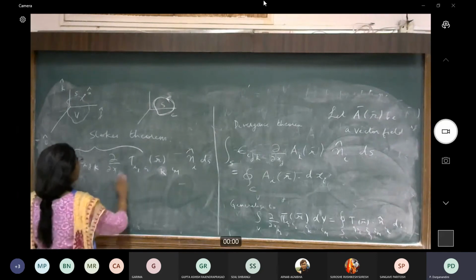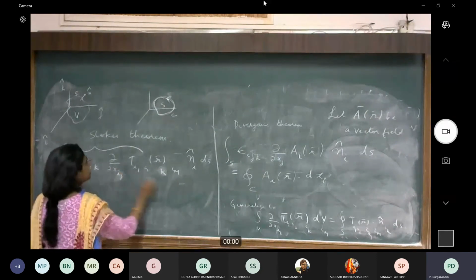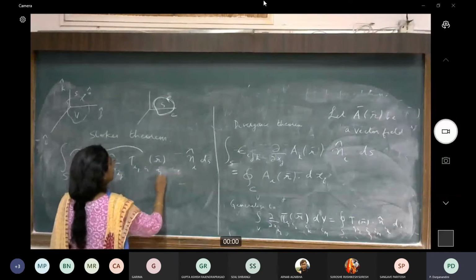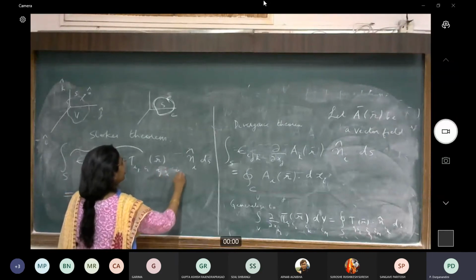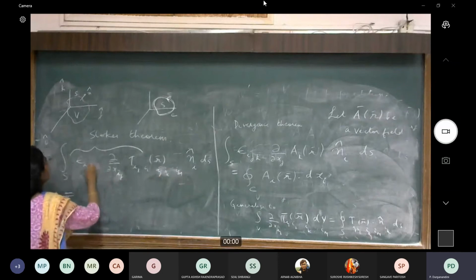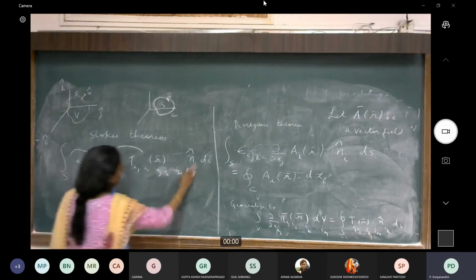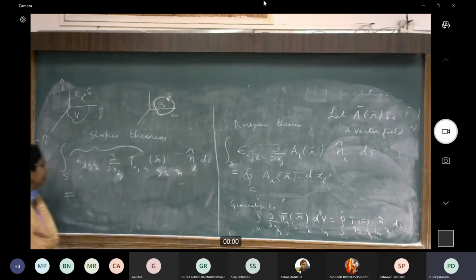Let me use it, because you will find it easier like this. Don't get confused by this ij, ik I'm using here, and let me use here an l. Maybe this is better.